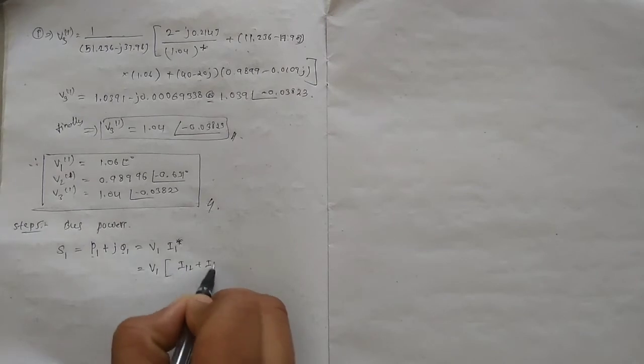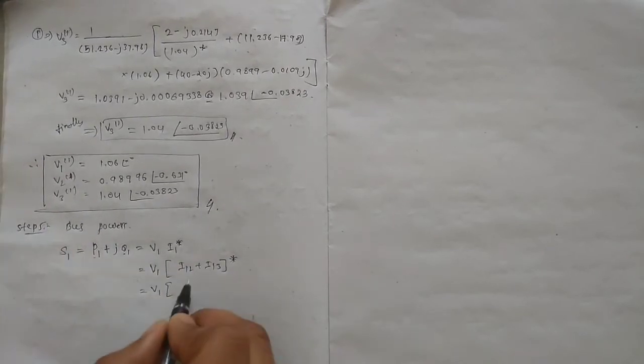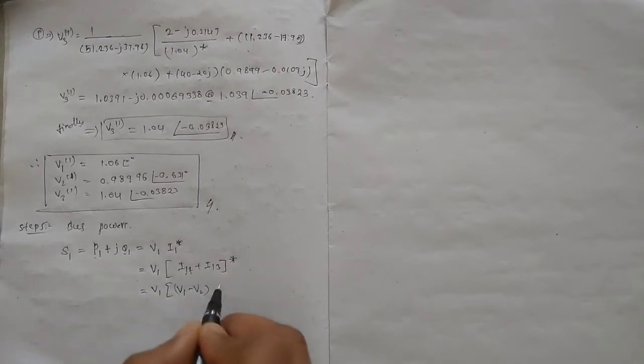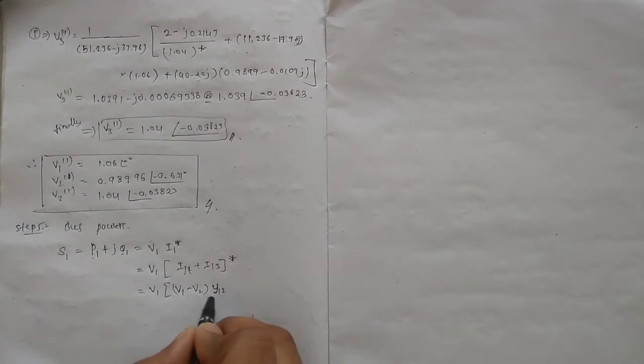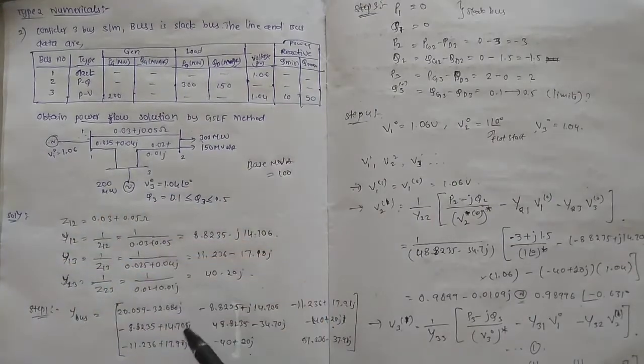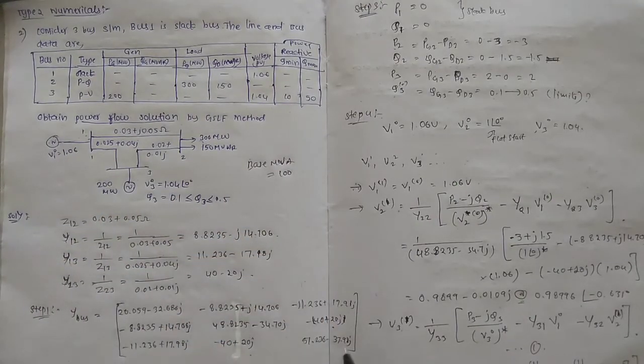I12 flow plus I13 flow, whole complex conjugate, is equal to: I12 is here only. You remember the suffixes, V12 we have, right? Therefore, V1 minus V2 conjugate, whole into y12 value. Do remember this is small y12. Small y12 means we need to take these elemental data, not the Y bus element.